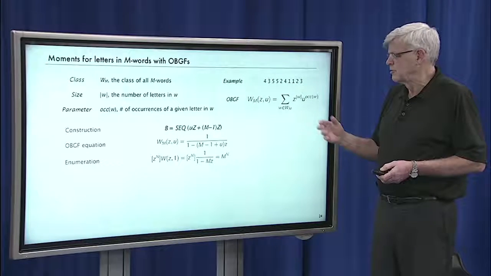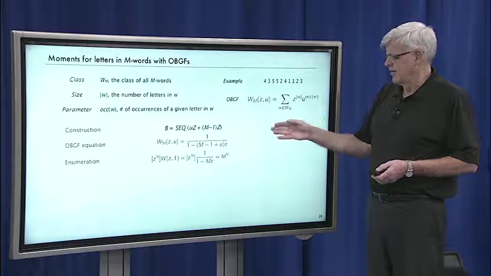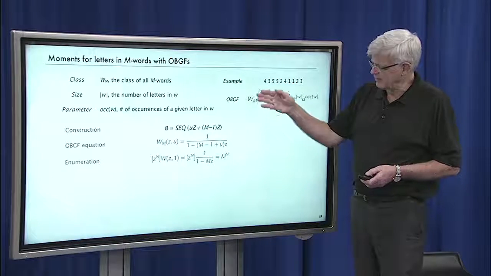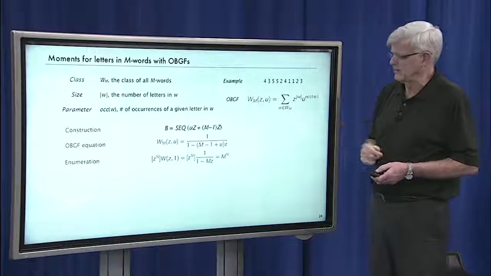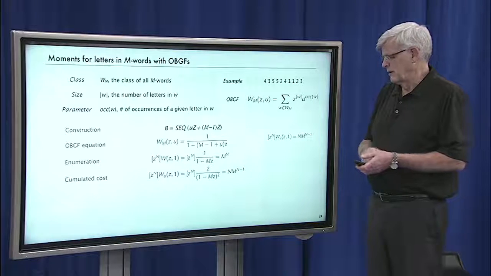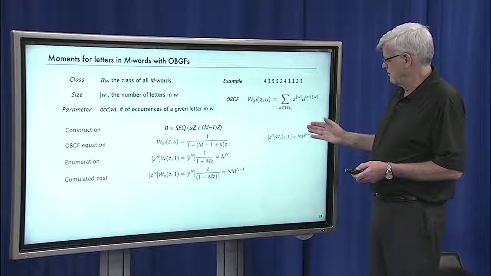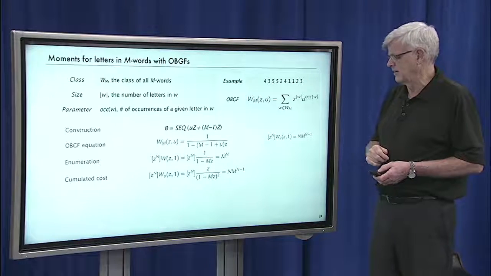If we want to enumerate, we just evaluate that at u equals 1, and then we want the coefficient of z to the n, and 1 over 1 minus mz, that's m to the n. So that checks. And if we want the cumulated cost, we differentiate with respect to u and find the coefficient of z to the n.